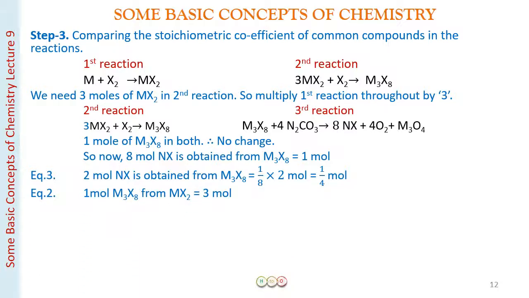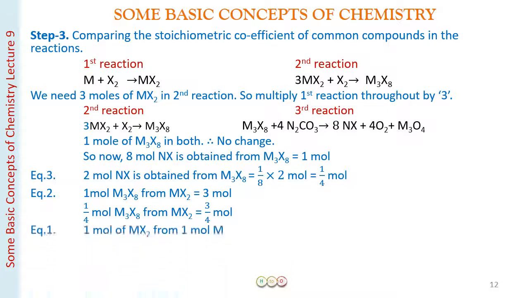From the second equation, what do you get now? We get that 1 mole of M3X8 comes from 3 moles of MX2. And how much MX2 do we require to get this 1 by 4 mole of M3X8? That is going to be 3 by 4 mole of MX2.